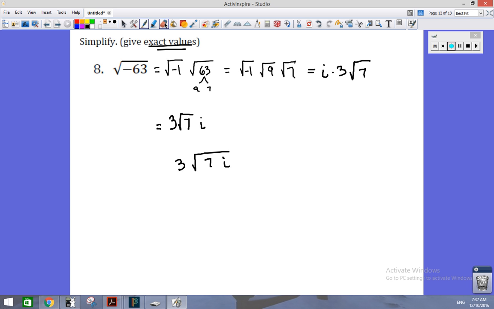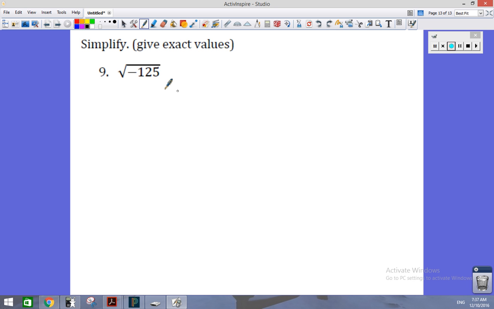So what I often do, and what I've seen other teachers and professors do, is write this as 3 times i times the square root of 7. That's probably a good habit to get into, especially if your handwriting is questionable, and if somebody else is going to be looking at your work, or if you yourself later on are looking back at your work and you don't want to treat that as the square root of 7i.